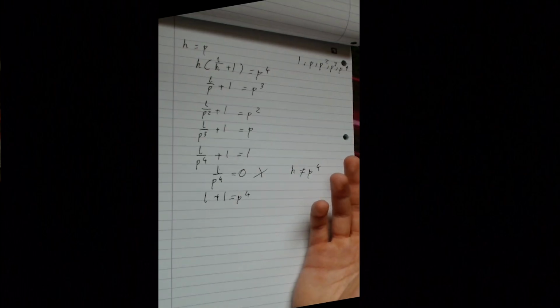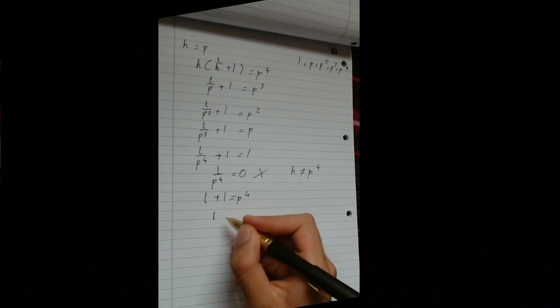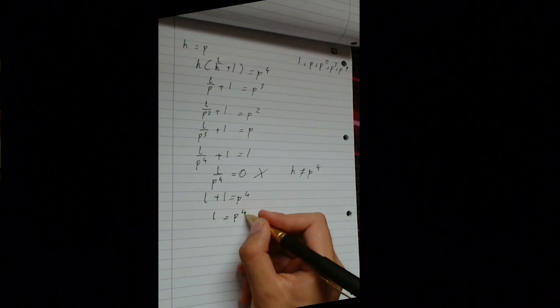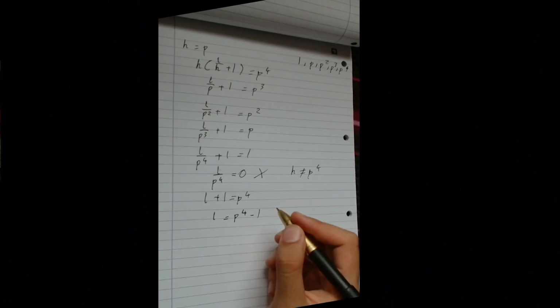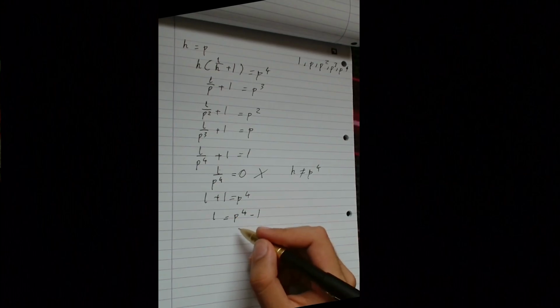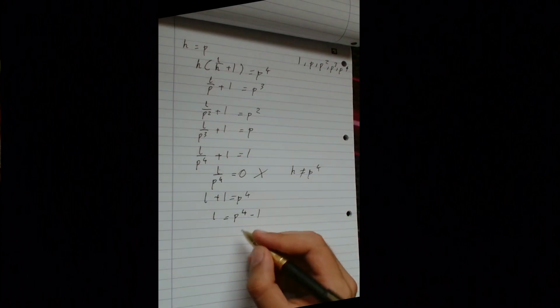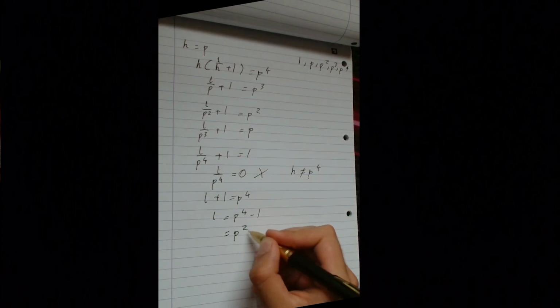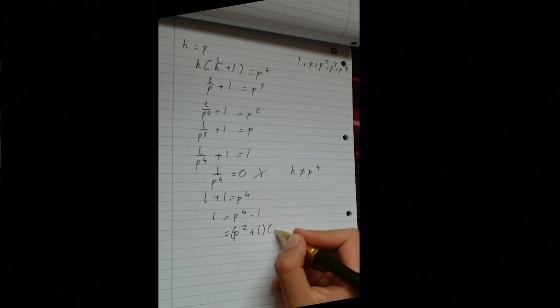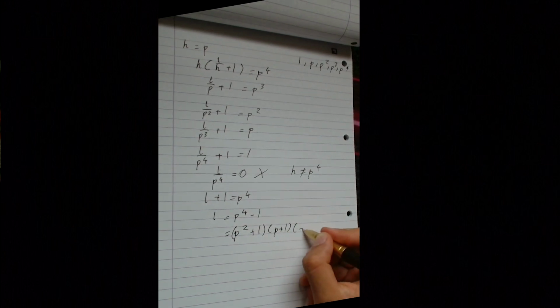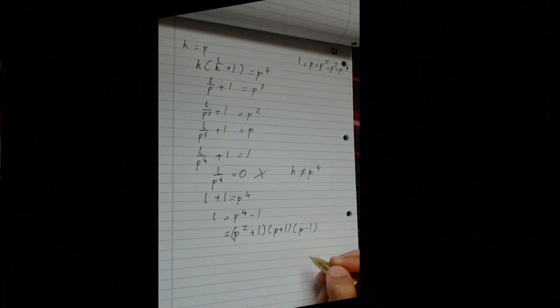So what do we do with this? Well, we have L equals P to the 4 minus 1, and L, remember, is the lowest common multiple of two numbers. We can immediately do the typical factorization of this just by applying difference of two squares twice.